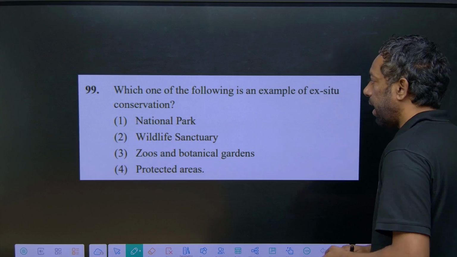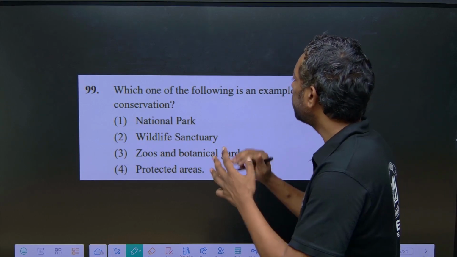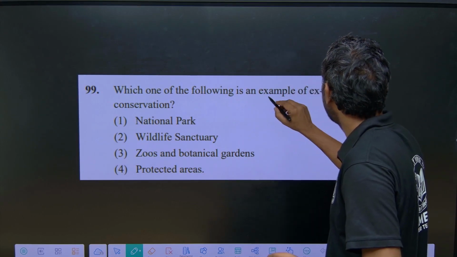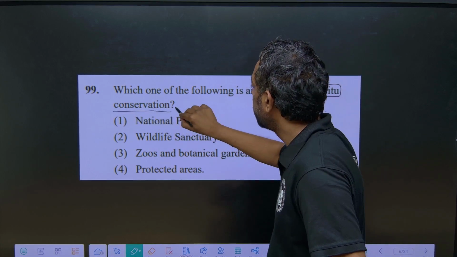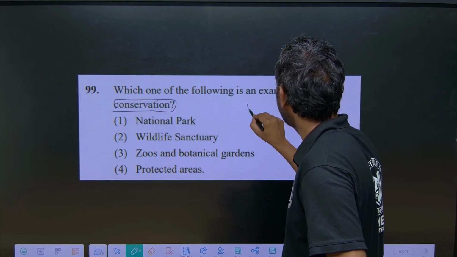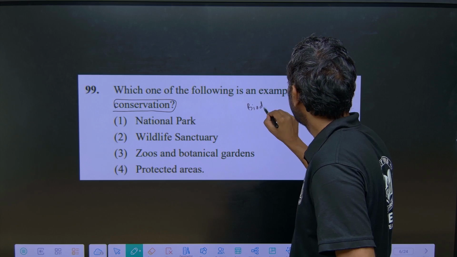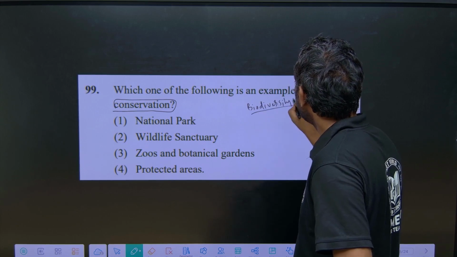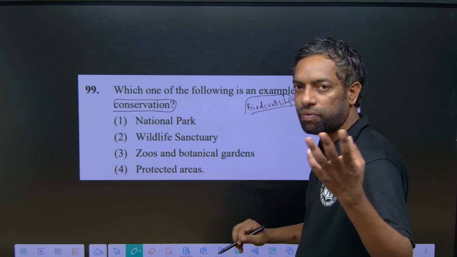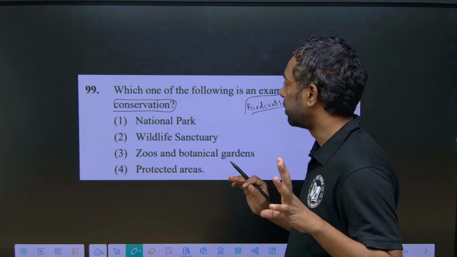And next one: which one of the following is an example of ex situ conservation? Ex situ conservation. This is a question from biodiversity. Make sure you expect a question from biodiversity at any cost.